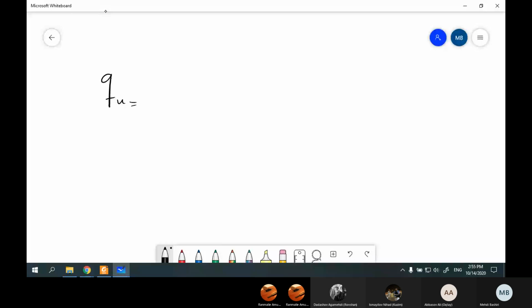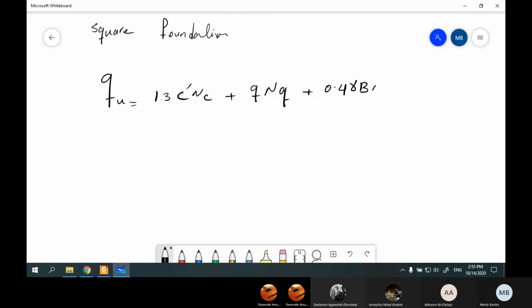Based on Terzaghi's equation, for example, for a square foundation, we have 1.3 c' Nc plus q Nq plus 0.4 gamma B N gamma.